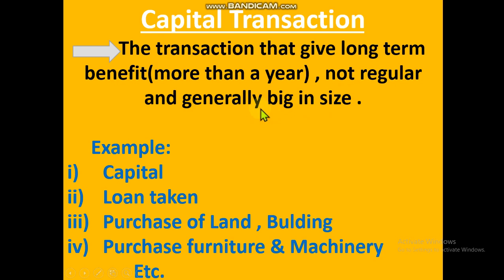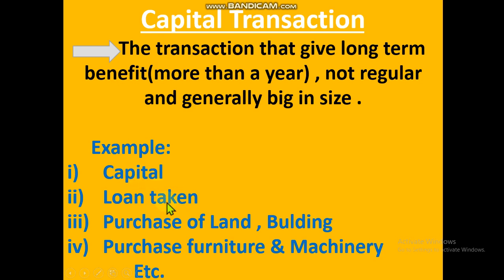A calculator businessman would not like to buy every day. Maybe once a year, or after 5 years, he will buy another calculator. So this type of transaction is not regular, and the size of this type of transaction is generally big. It may be small, but if it gives us benefit for a long time, then this type of transaction will be a capital transaction.